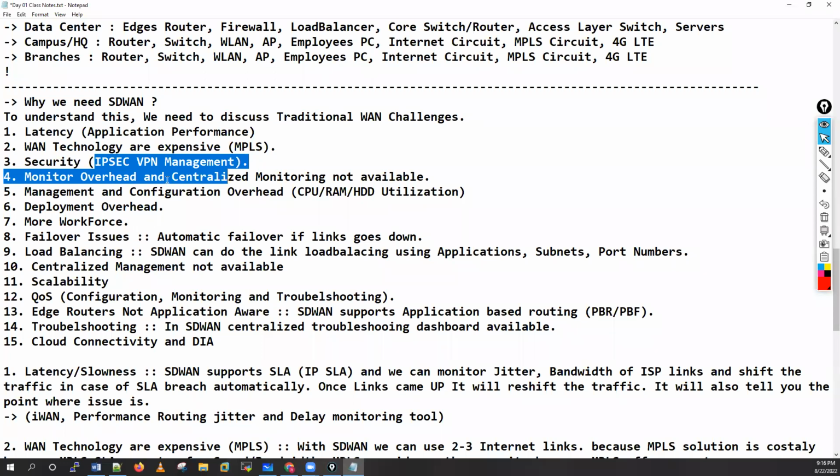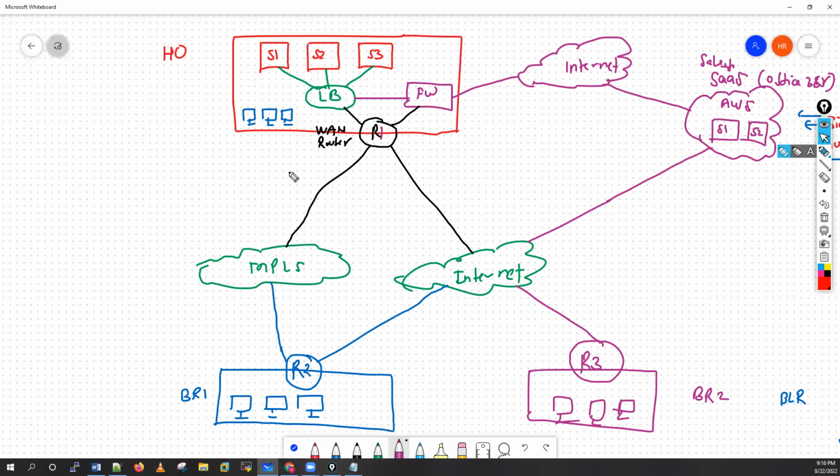Now, the second thing, monitoring overhead, guys. Let's suppose in SD-WAN, what they have done, they have introduced one controller here, guys. Let's suppose this is the controller.